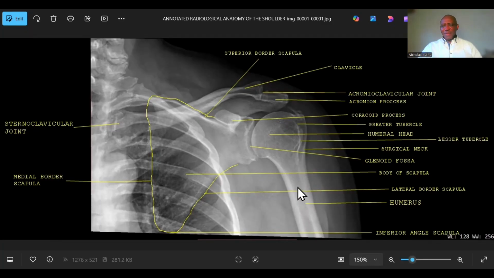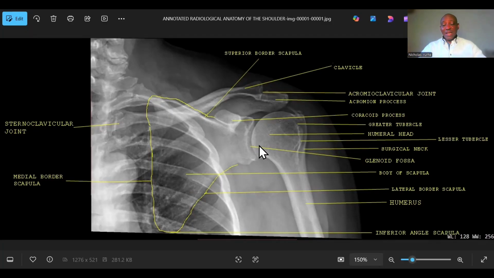This arrangement is for specific reasons, especially for the functionality of the shoulder joint, because the shoulder joint itself is very mobile. The ball and socket joint, you can move and rotate in all directions. That is why it is called the ball and socket joint. However, in all of this, it is to make us know the structures.